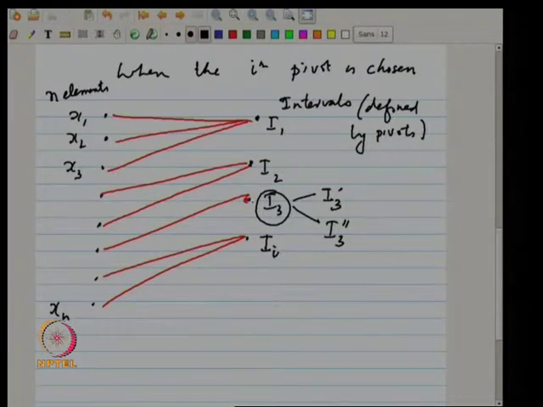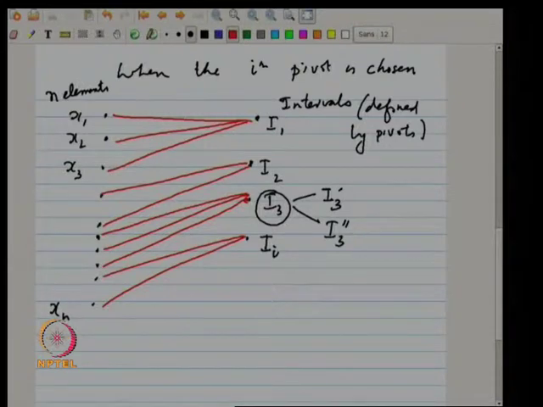Some interval gets partitioned, other intervals are untouched, and the one that gets partitioned, this is not a good example, so let me put in a few more elements here. There are 3 elements in this interval I3 before the ith pivot was chosen.